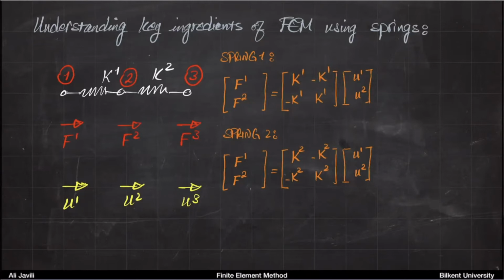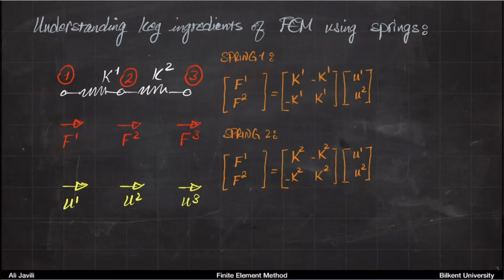Okay, so we need to think about that. Now, on spring 1, force F1 is just the force coming from, let's say it's at node 1, it's just one force, okay? So it doesn't have that parenthesis in front of it.